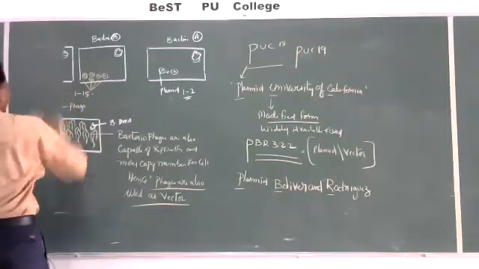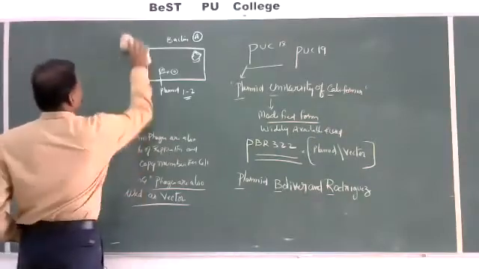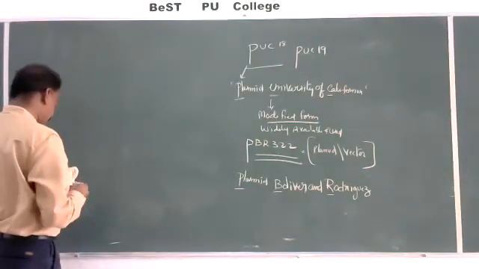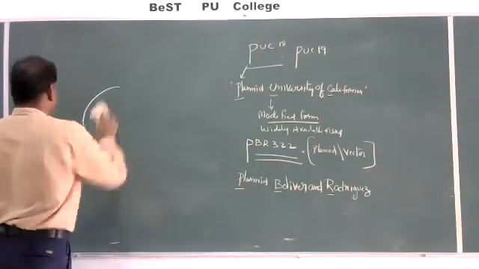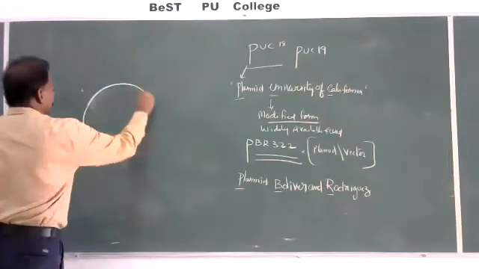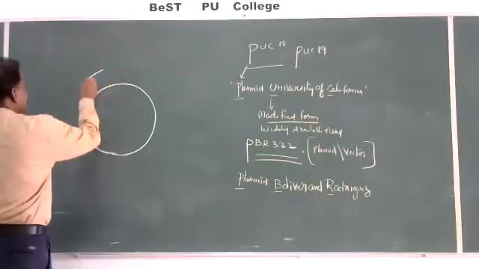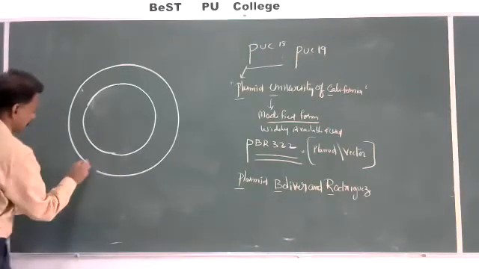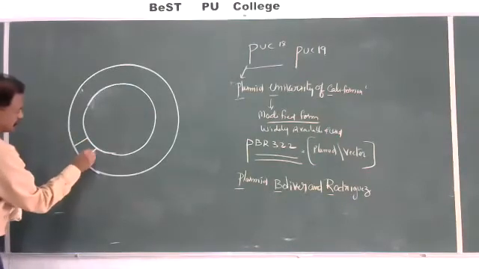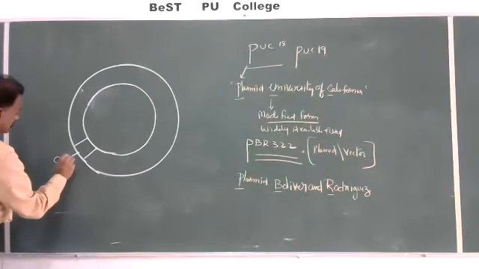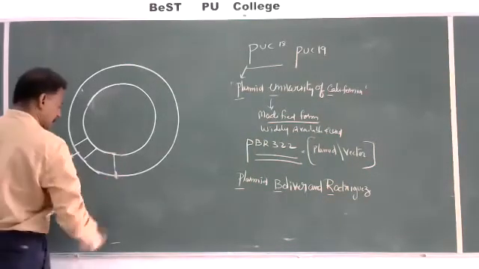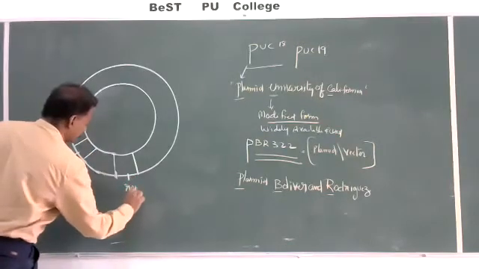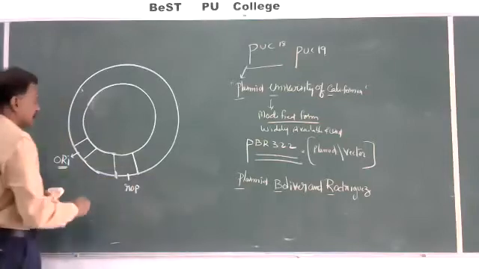Let us see the structure of pBR322. A double-stranded structure. It is having so many sites.